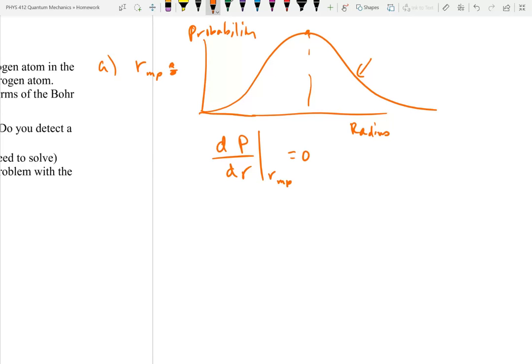Almost. There's more to it. Because this was only with respect to radius, we had to take into account the other two dimensions. So that's psi mod squared 4 pi r squared.